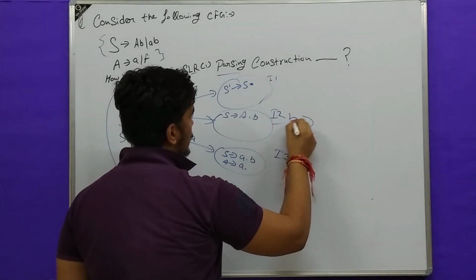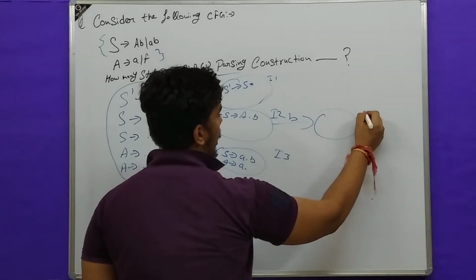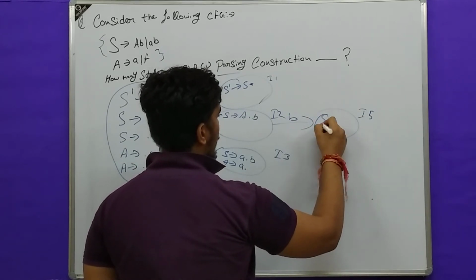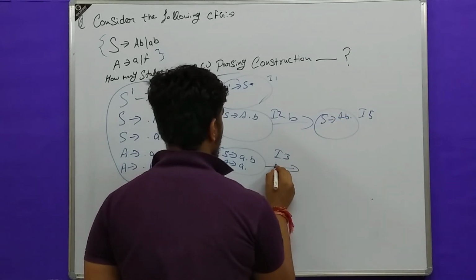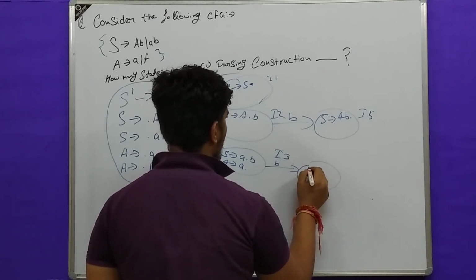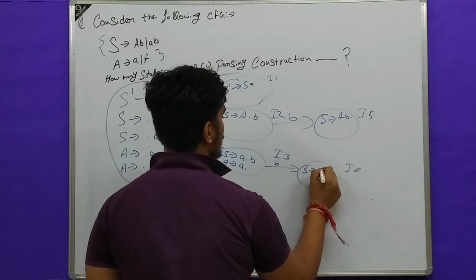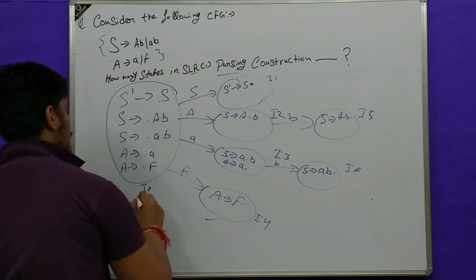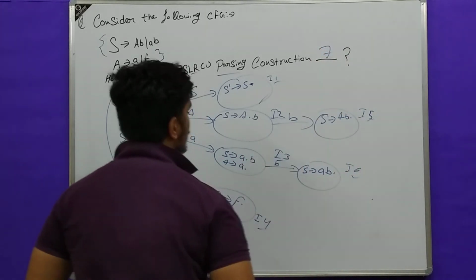There is a transition from I2 to I5 for B, so S goes to A B dot, which is also complete. There is a transition for B from I3 to I6, S goes to A B dot. So you can see there is 1, 2, 3, 4, 5, 6, 7. 7 is the right answer.